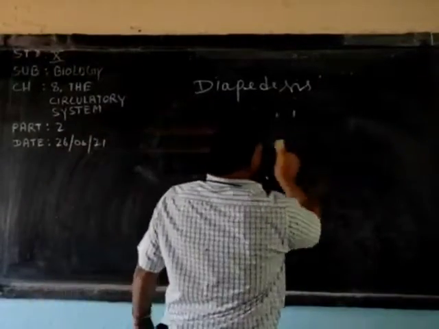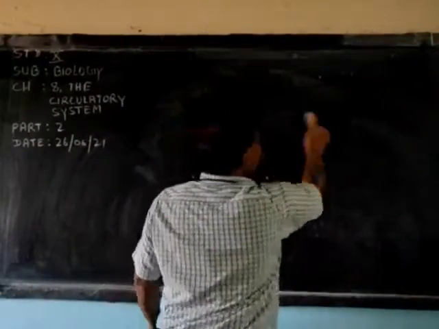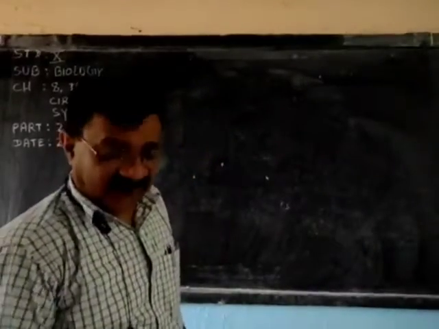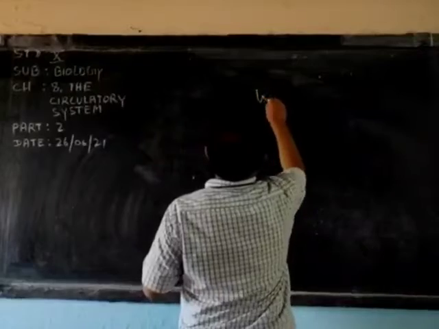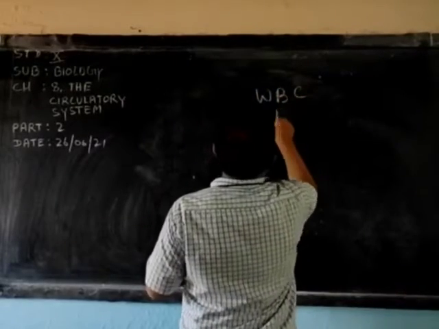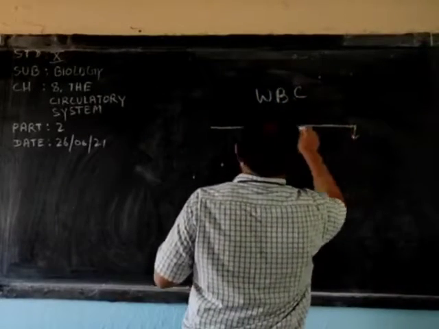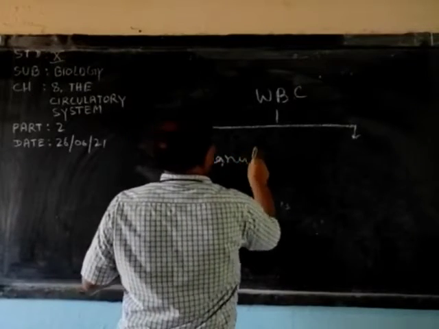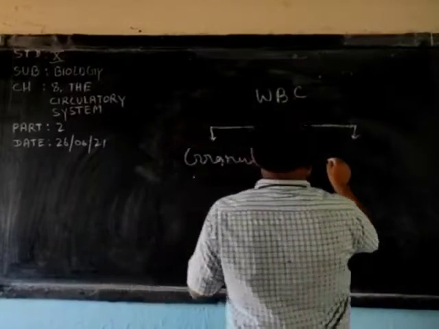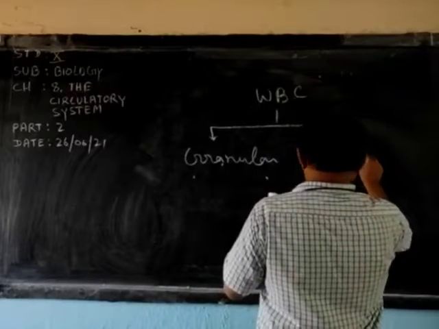Next, types of WBC. There are two types of WBC. Try to understand it. This WBC is of two types: granular and agranular. Granular and non-granular or agranular.